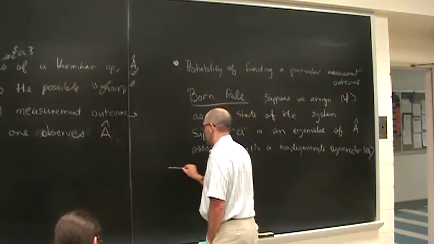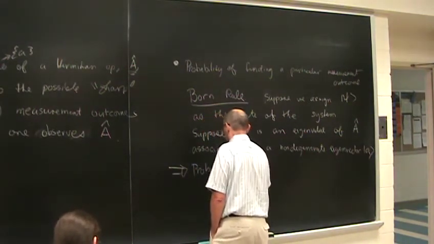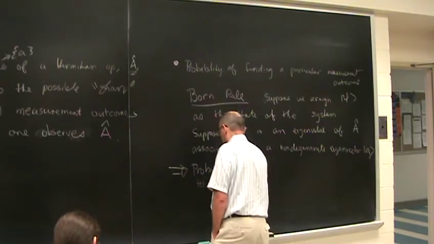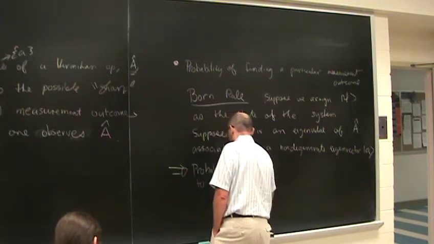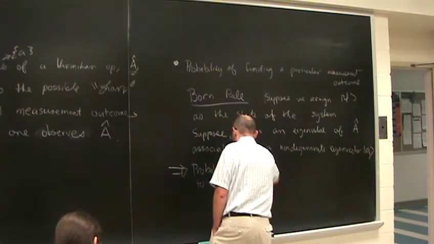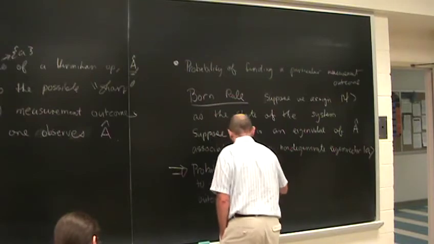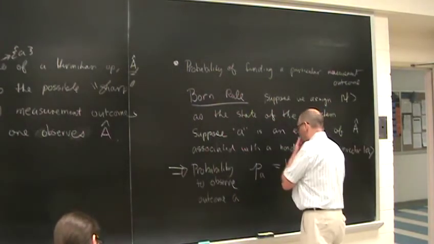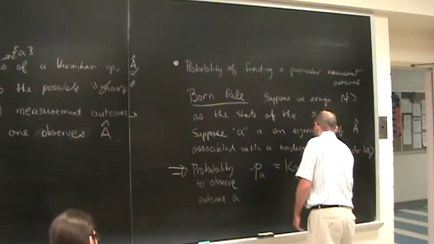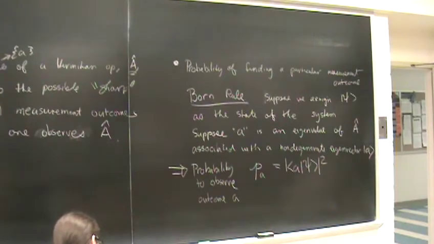Then the probability to observe outcome A, I'll call that little piece of A, is equal to this complex amplitude squared. That's the Born rule.